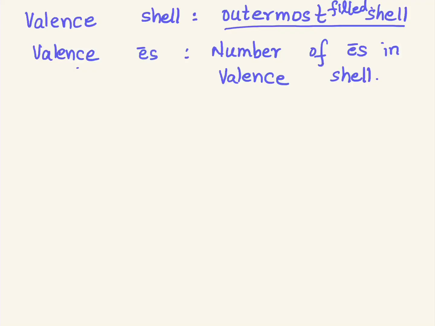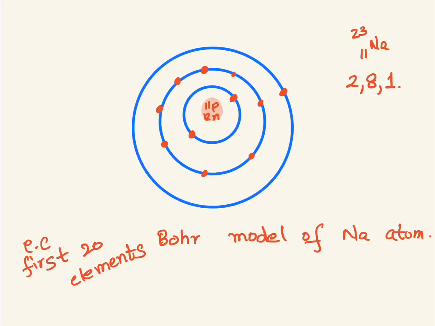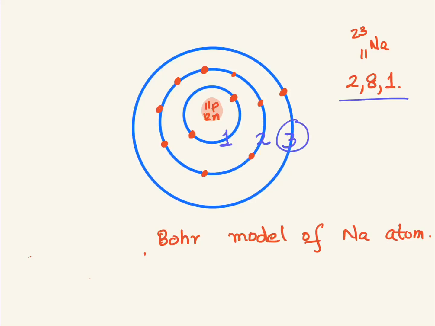Let's see an example. We drew the Bohr model of the sodium atom, right? What is its electronic configuration? Very good. It's 2, 8 and 1. It's written on the board. Now, which is the outermost shell which has been filled up? So, this is our first shell. This is our second shell. This is our third shell. Yes, it's the third one which is filled last.